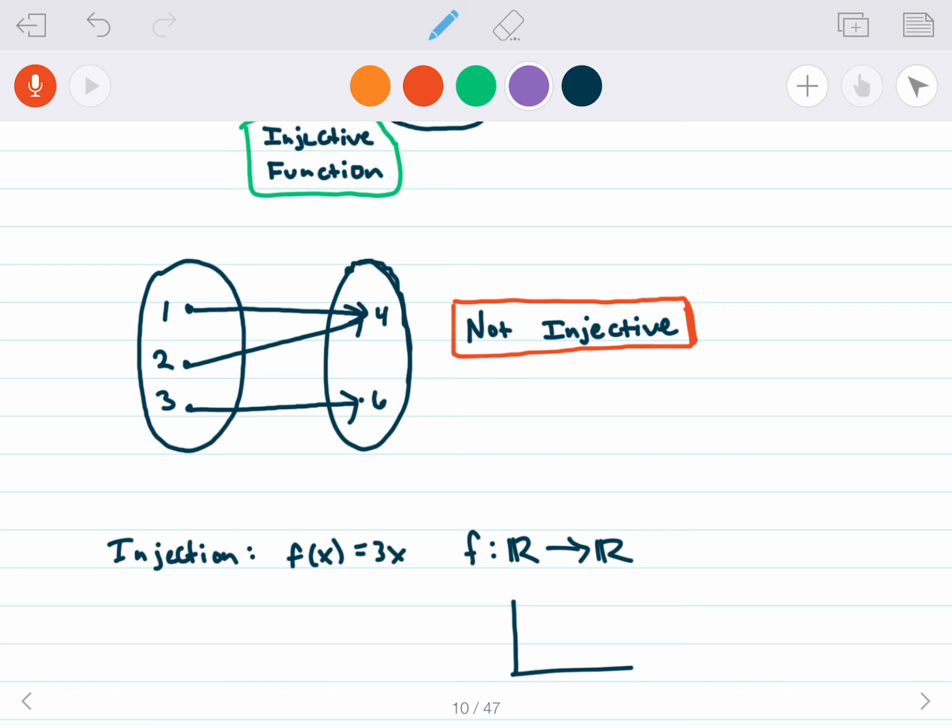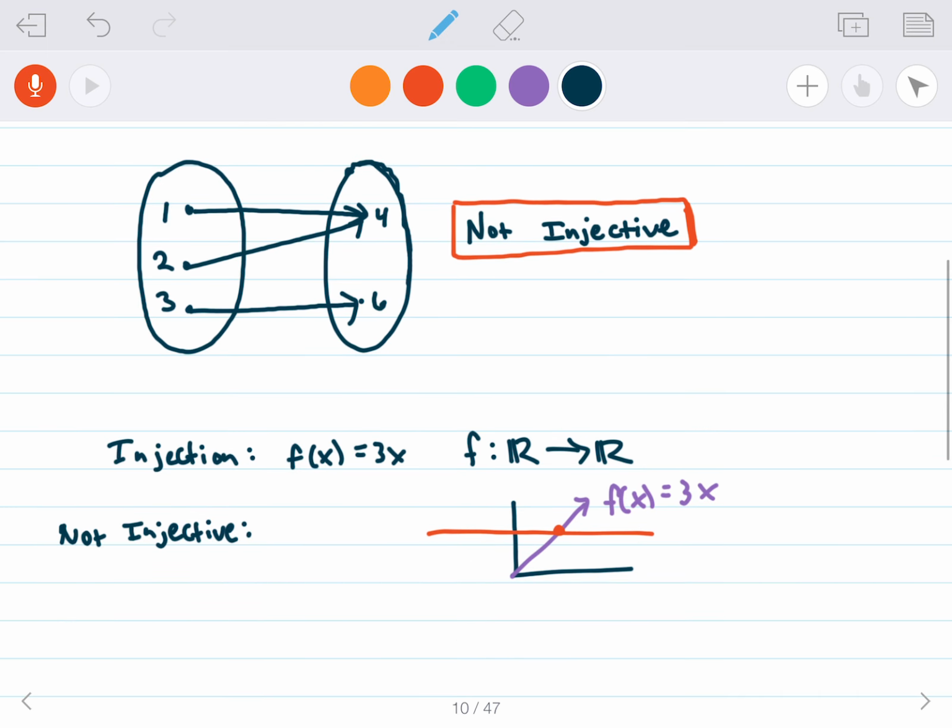If you were to draw this linear function, f of x equals 3x, it passes the horizontal line test. If you draw a horizontal line anywhere, it's only going to hit it once. Whereas with something like this, not injective, we could have something like this.